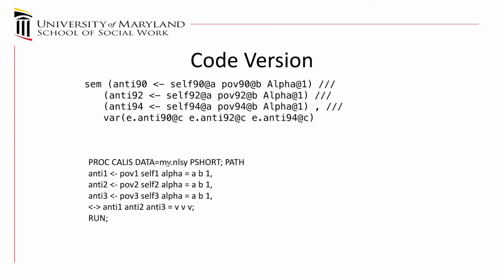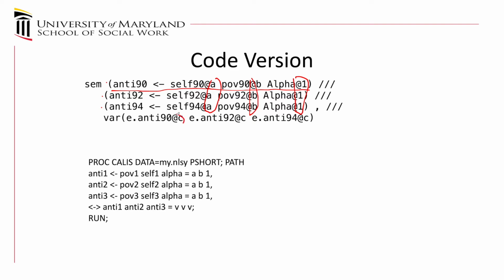I often like pictures, but it's actually sort of easier to see what's going on here. As I said, we had 3 regressions, 1, 2, 3. We've constrained them to be the same. That's this at A, at B, at 1. I constrained the alphas to be 1.